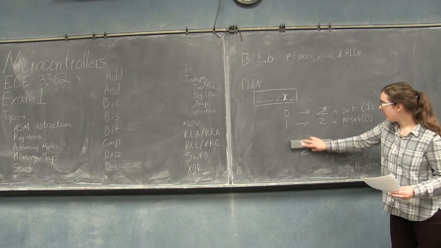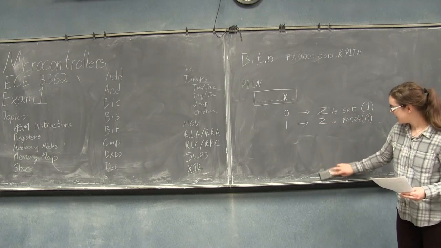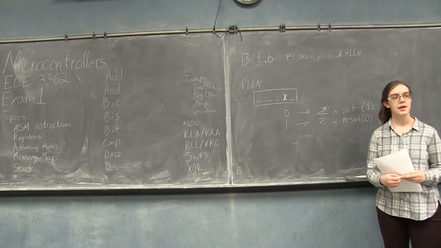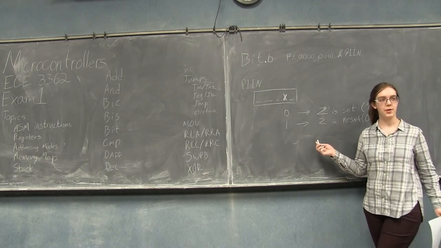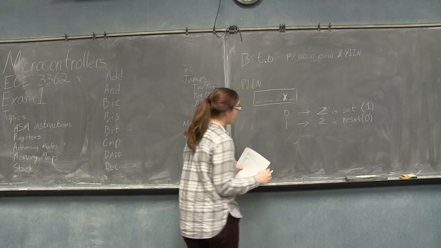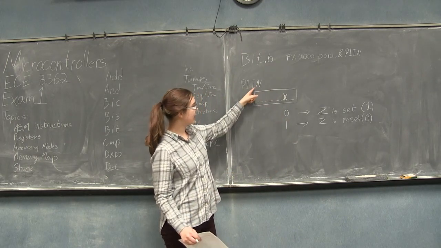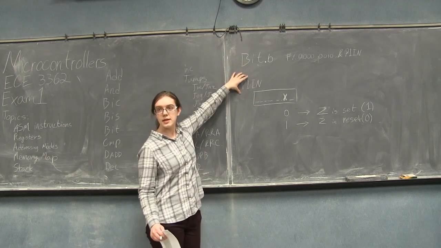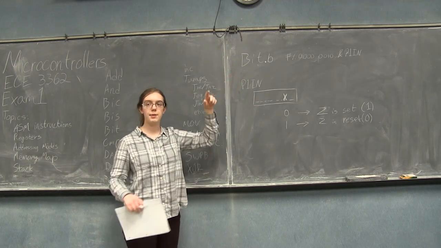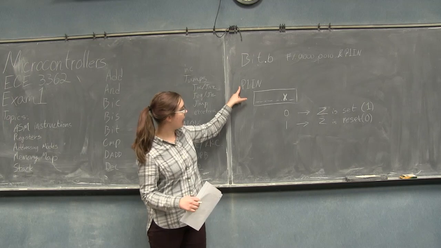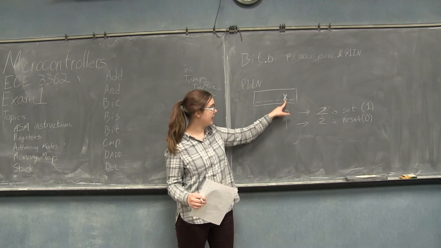So now why would we want to set the Z? Because this is what controls branching, or one way that we can branch. So depending on these two values, we know that, so input, this reads in a value from a button. So say we pressed a button, and input is either here.